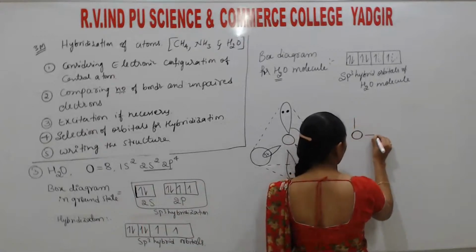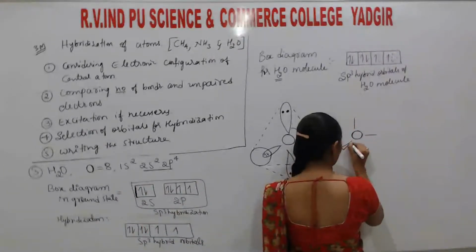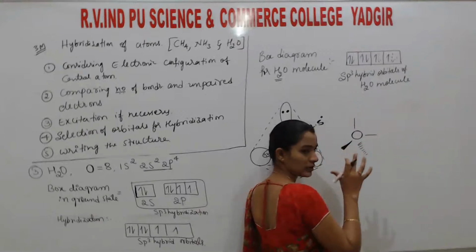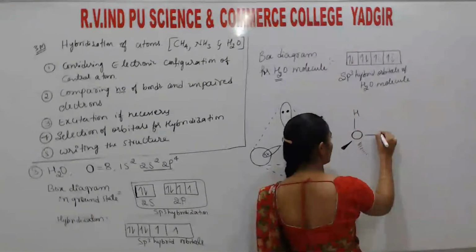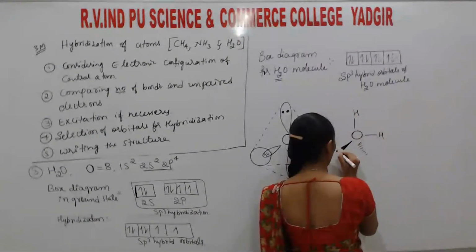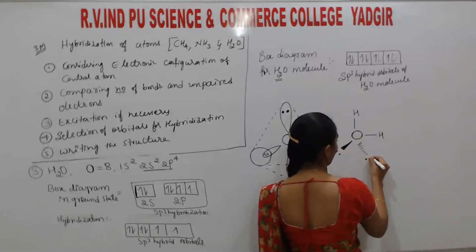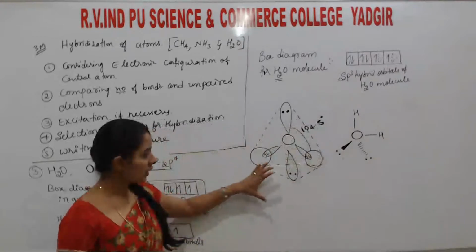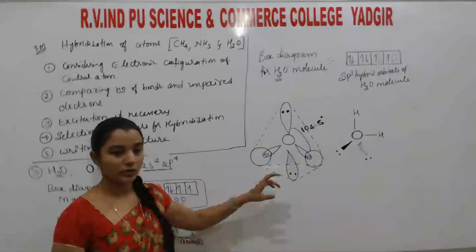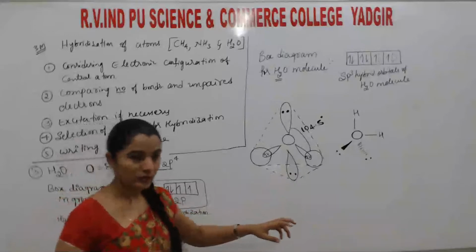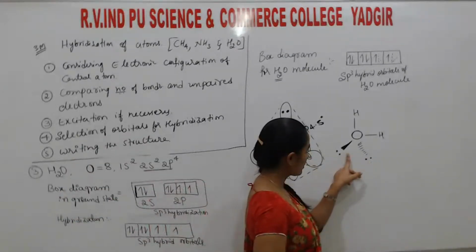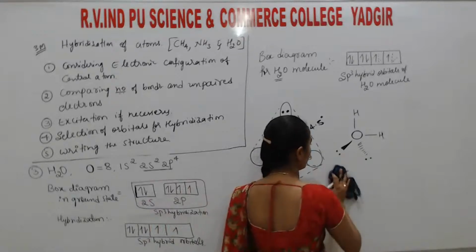These are atoms in there. This one is towards the observer, this one is away from the observer. This is hydrogen. These are lone pair electrons. All are in different planes. Don't get confused. The bond pair electrons are in the plane and these two are in a different plane, towards the observer and away from the observer.